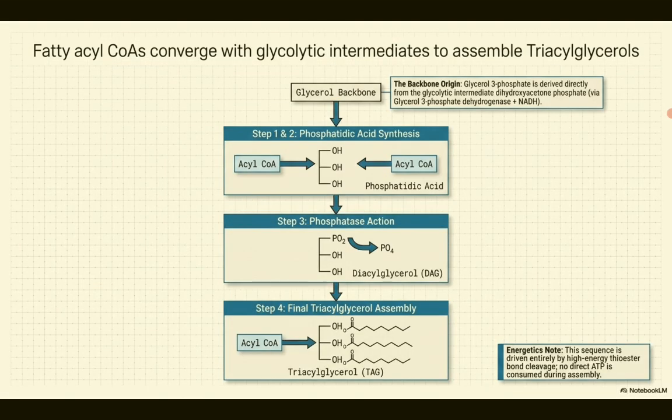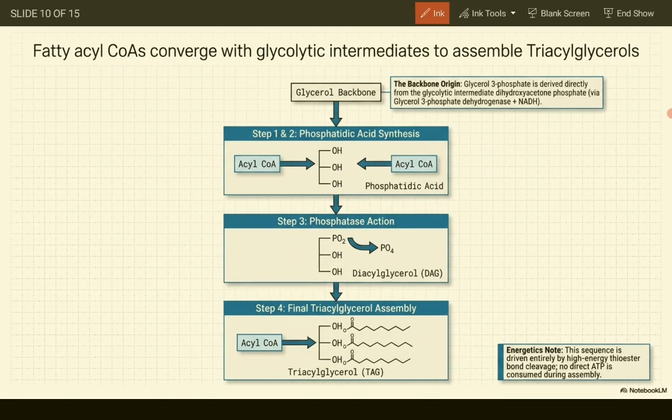So this is an overall process of fatty acyl CoA and how that produces triacylglycerols. How triacylglycerols are produced. What we require is the production of phosphatidic acid.